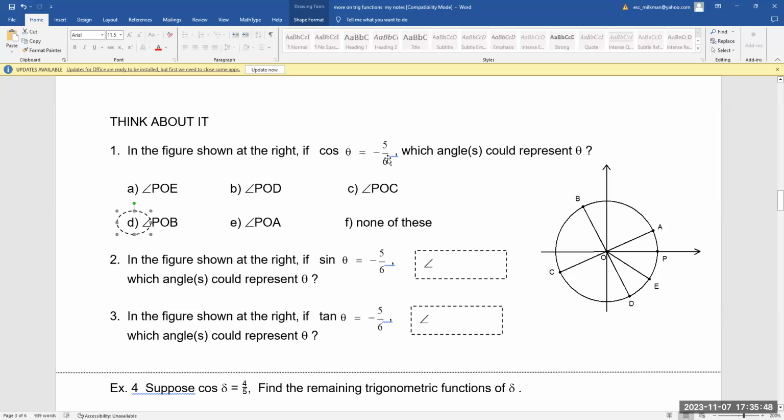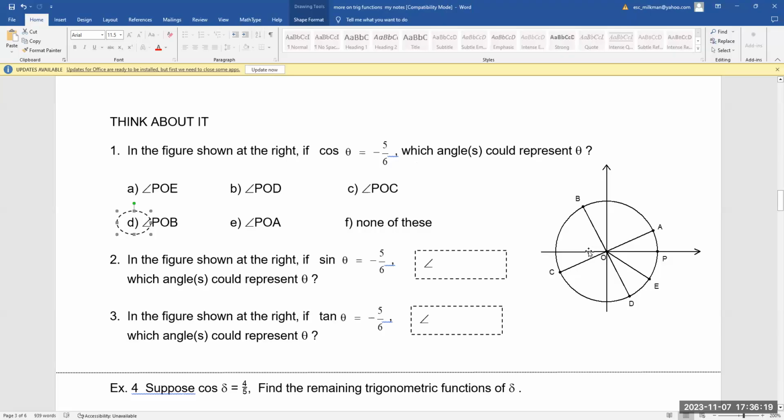So in looking more carefully at our angle POB versus POC, in looking at this x distance and this y distance, I think you can see that this x distance is very short considering this y value here and a radius of 6.